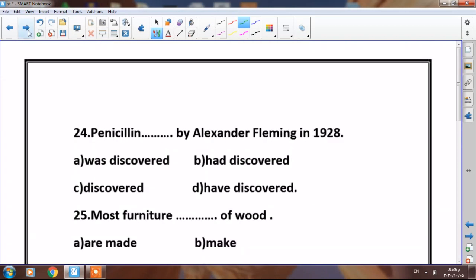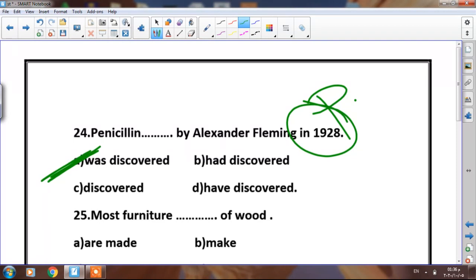Penicillin dot by Alexander Fleming in 1928. We have past here, and of course penicillin didn't discover itself, so it's passive. The answer would be "was discovered." No other answer is suitable because none of them is passive.